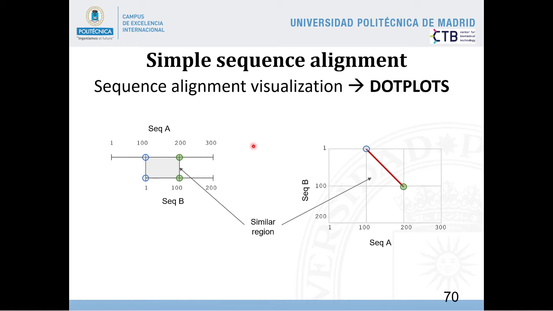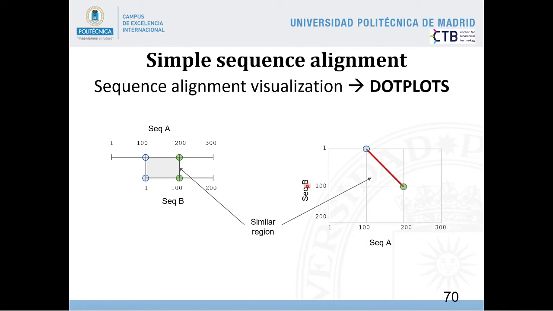So here sequence A is aligned to sequence B, and nucleotide number 100 aligns to number 1 of sequence B, and they match in those 100 base pairs.